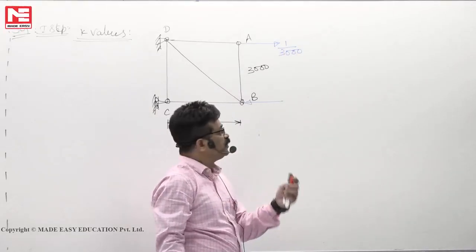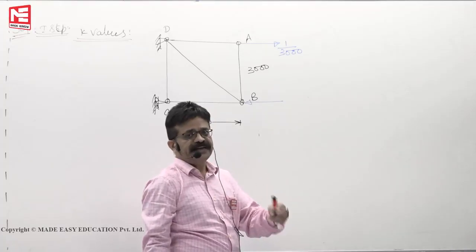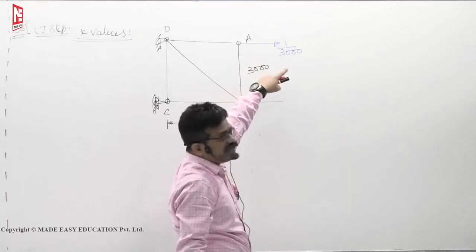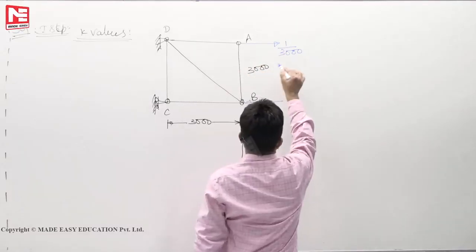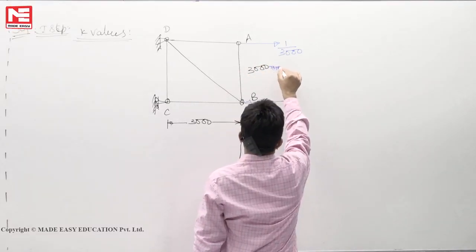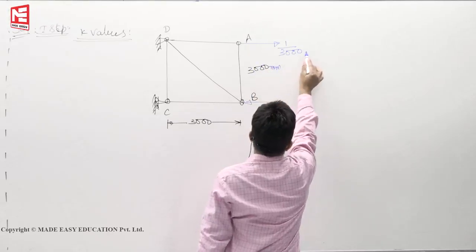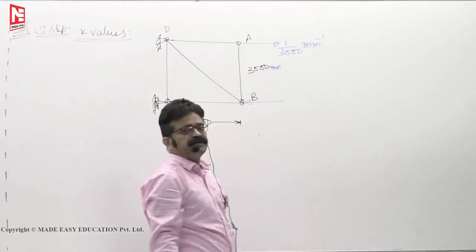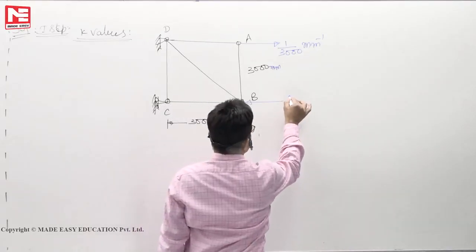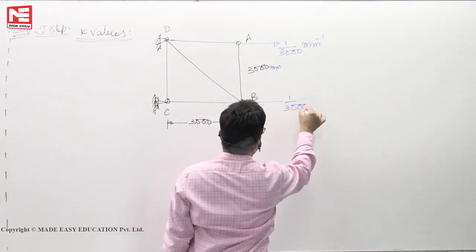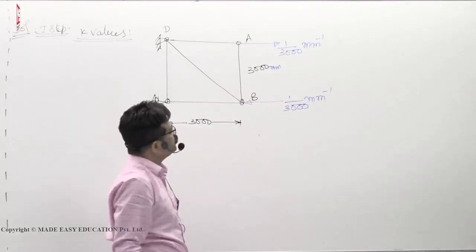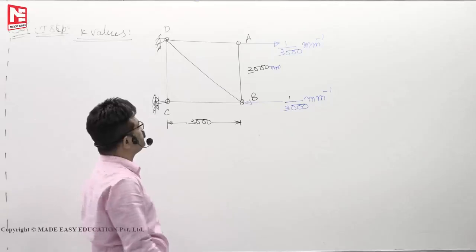Unit couple means 1 by 3000 into 1 by a into a is equal to 1. That 1 has no units. But 1 by a has units of mm power minus 1. See, this is 1 by 3000 mm power minus 1. Here also it is 1 by 3000 mm power minus 1. So this is the couple we have applied.